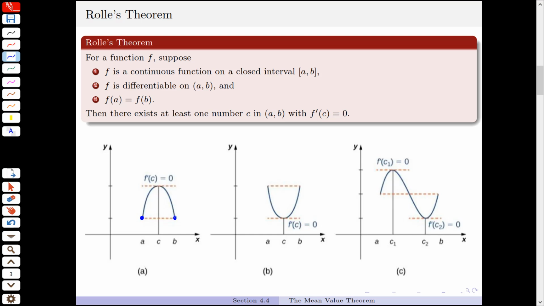In order to start and end at the same height, we have to turn around somewhere. So we need to have the derivative be 0. Maybe the function goes up, maybe the function goes down. Maybe it does both. Maybe it goes up and then comes down, and then there's more than one point in between where the derivative is 0. This theorem just says that the function has at least one value where the derivative is 0.